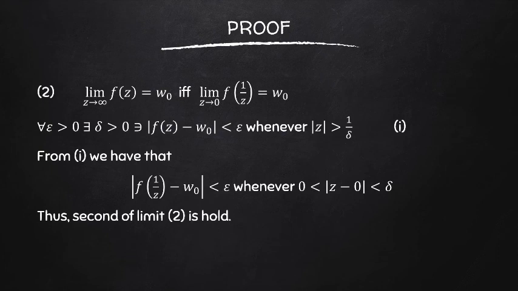From those, we know that z is equal to 1/z and z0 is w0.